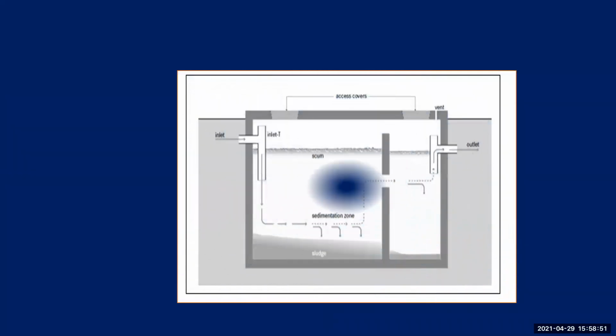Okay, this is the basic diagram representing a septic tank. So you can see an inlet here. Through the inlet, the sewage comes inside the tank, and this is the sludge or sedimentation zone where the solids settle.